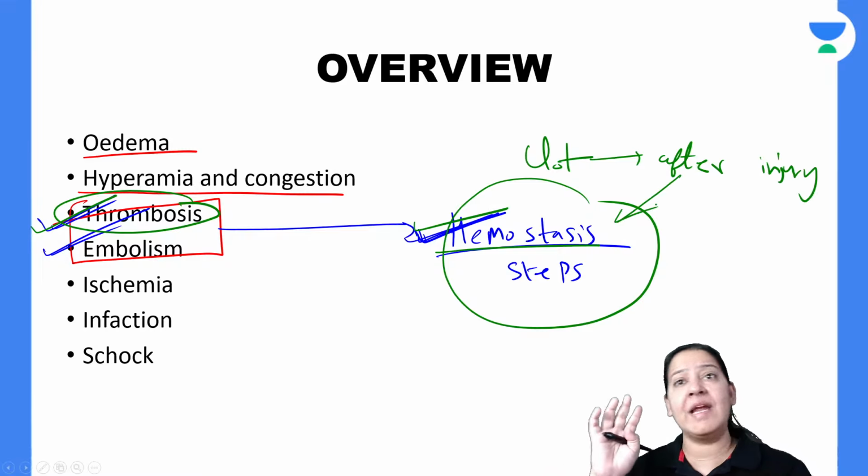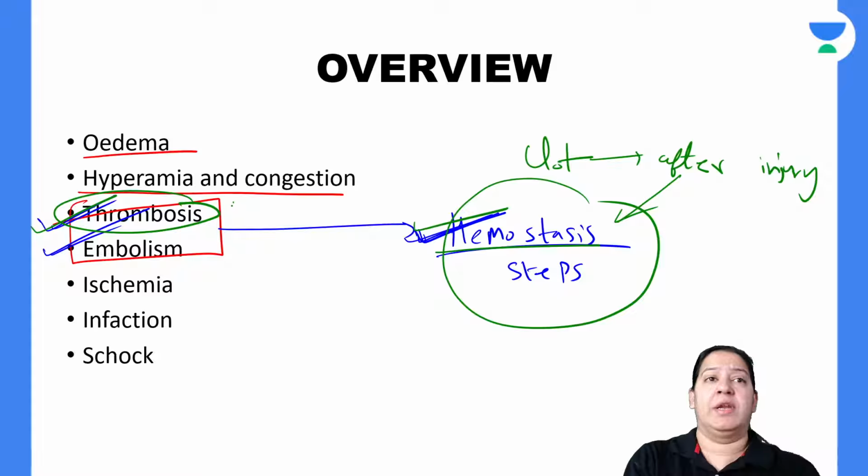That is hemostasis. But imagine a situation if clot is formed without injury. Imagine I don't have any injury and inside the blood vessel small clots are formed. Then it is not a physiological thing, it is a disease, it is a pathological thing, it is not useful for us, so it will cause obstruction in the blood flow, so that is known as thrombosis.